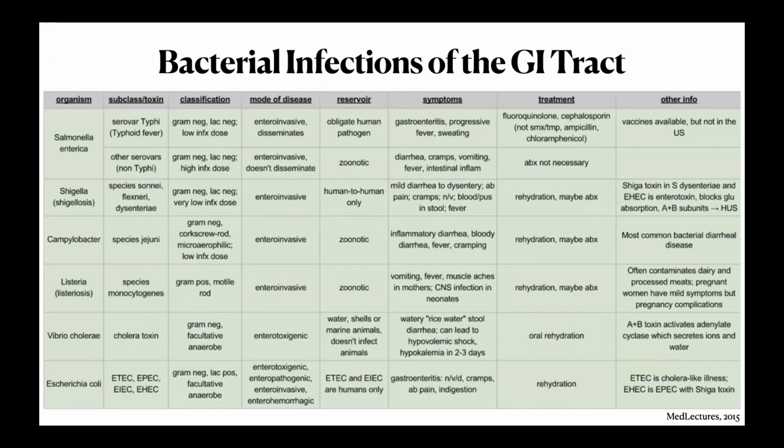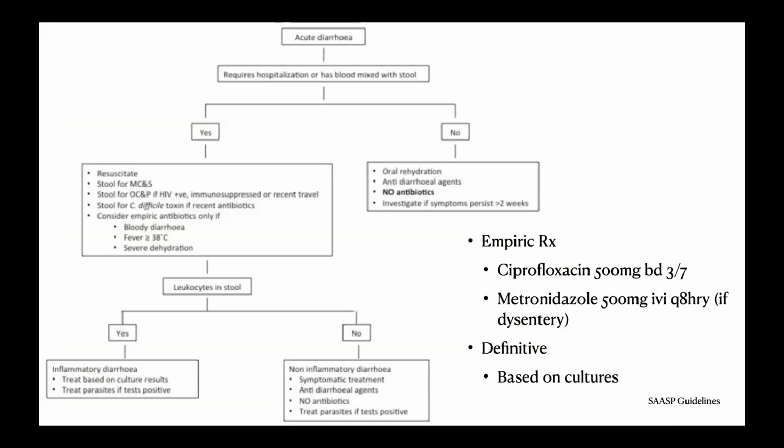So that's rehydration as well as antidiarrheals. However, in some instances, and particularly in typhoid or Salmonella typhi infection, that is when antimicrobials are always indicated. However, in other instances, that is only left to patients who are severely ill, those who have hemodynamic compromise, or those who have signs of systemic sepsis.